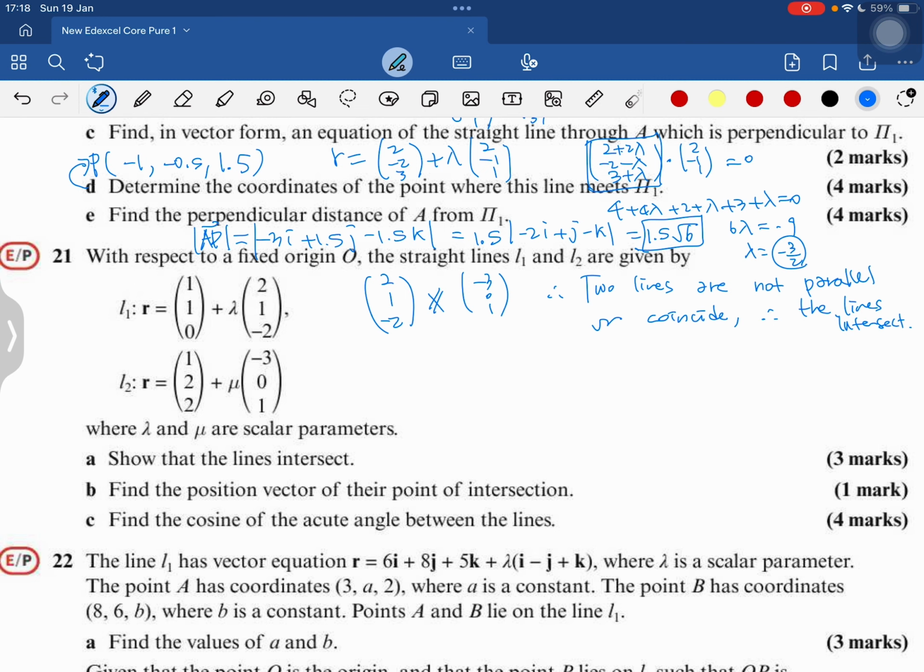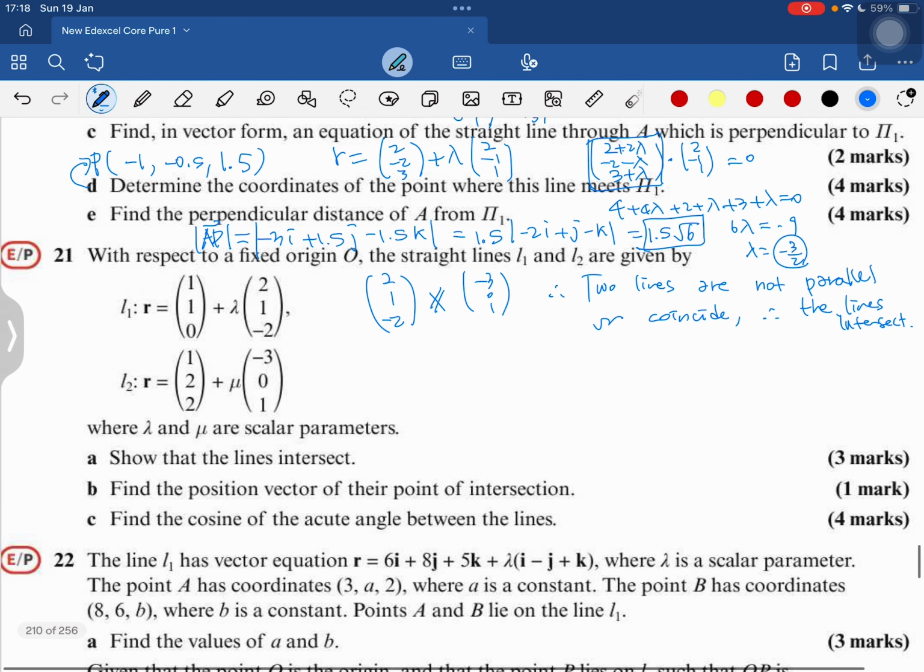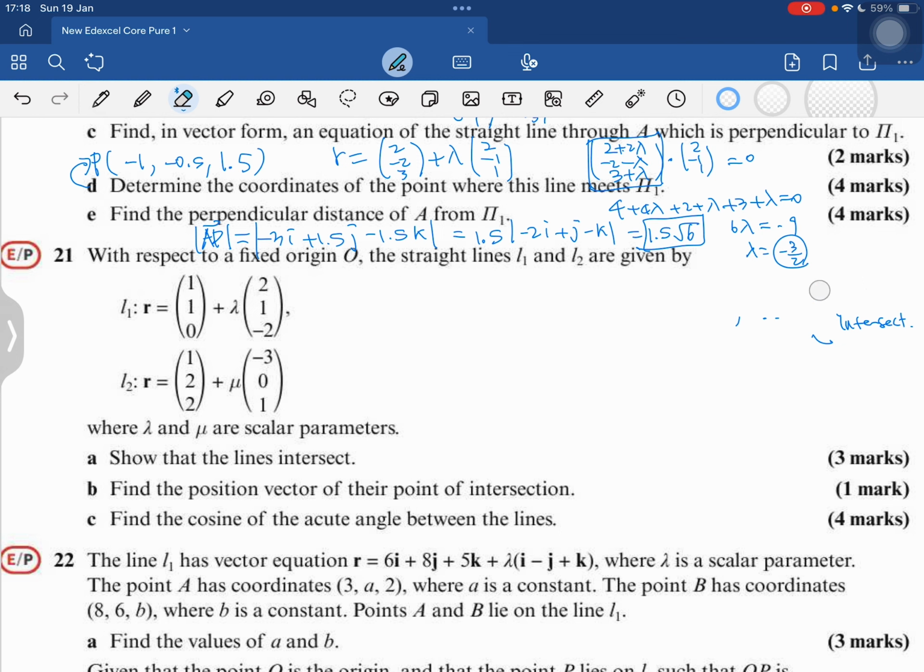Actually, I don't need to explain coincide, because coincident lines also intersect, but at infinitely many points. This is one solution I just explained. If not parallel, then eventually it meets, no, sorry. Just now my explanation was based on 2D, but now we are in 3D.